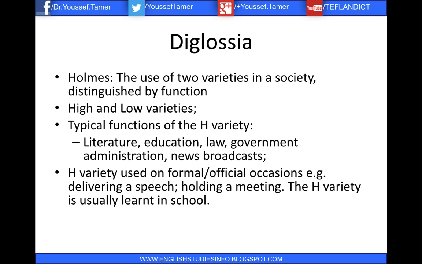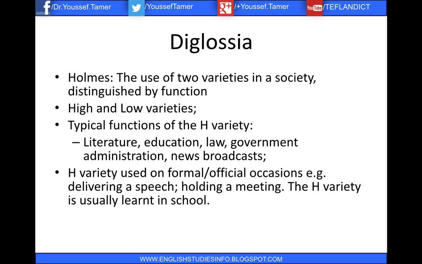So diglossia means the use of two varieties in a society distinguished by function, the function for which we use each language. The function for which we use Standard Arabic is different from the function for which we use Moroccan Arabic.